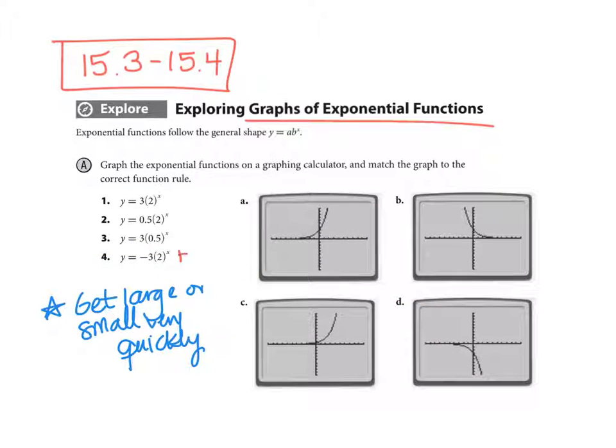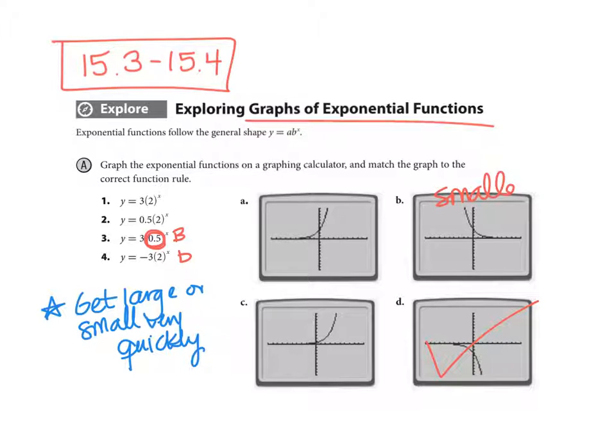Okay, so we said that 4 went with D, so we've taken care of both of those. And then 3 is going to be B. The reason for that is notice our pattern is a decimal here. If you have a decimal or a fraction as your pattern, remember fractions for the pattern mean division, and division is going to make it smaller.